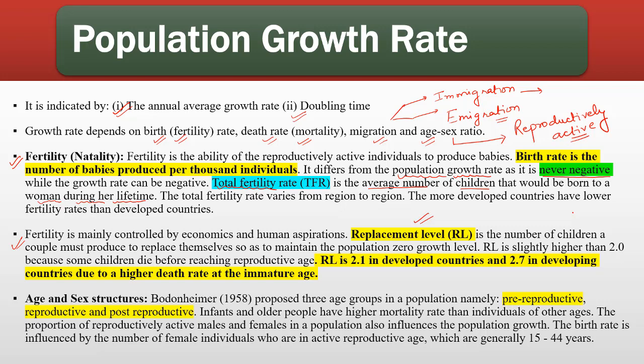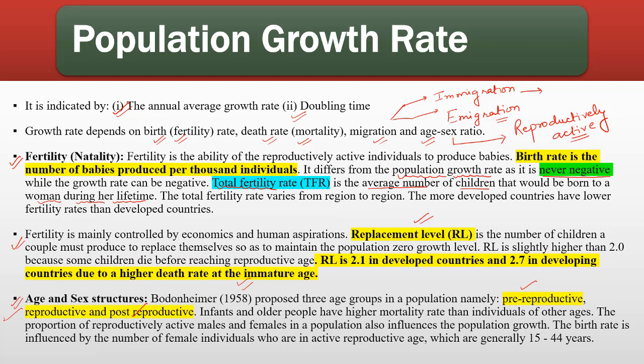Age and sex structures, it's a very important parameter. Bodenheimer in 1958 proposed 3 age groups: pre-reproductive, reproductive and post-reproductive.